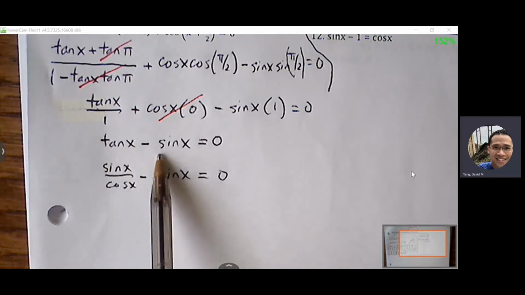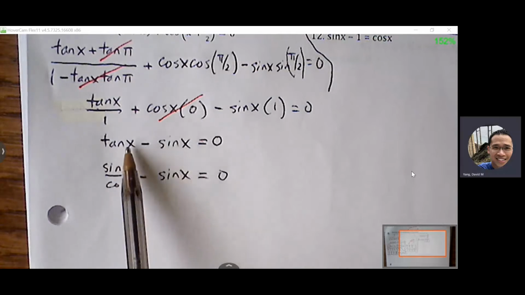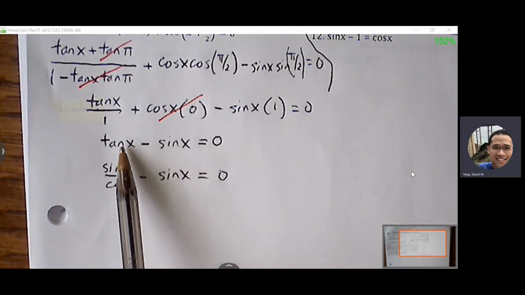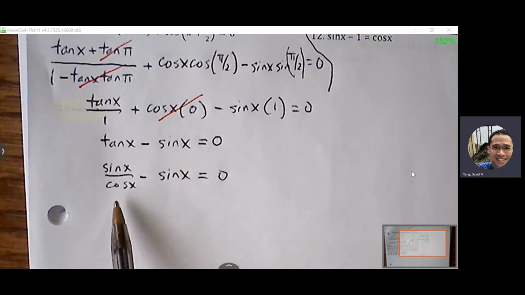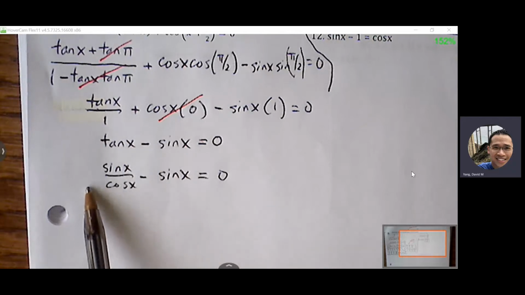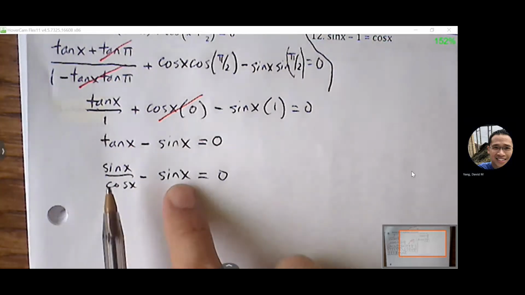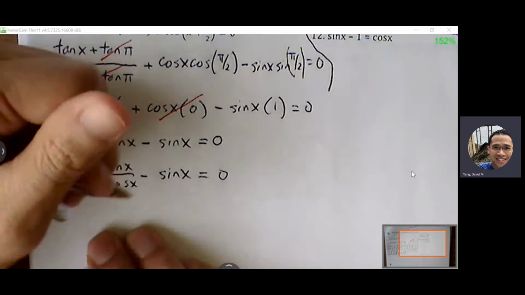And then once you're down to tangent minus sine, yesterday we knew that we could always get everything in terms of sine and cosine in the hopes that we can factor a GCF out so that we can get two expressions that each have its own trig function. So here we can factor a sine out.